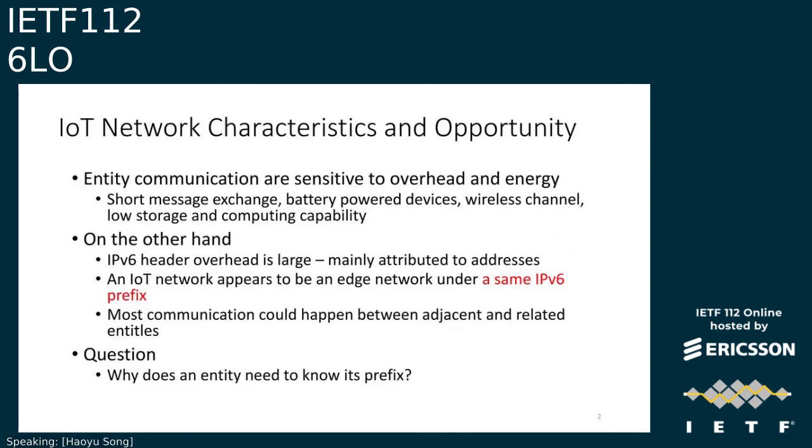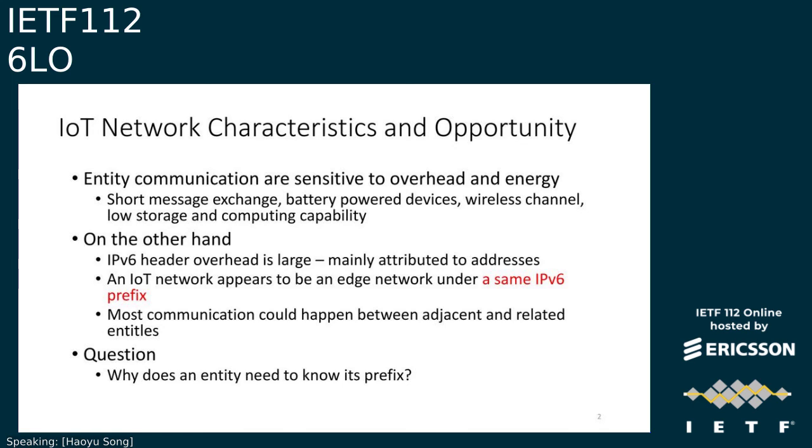Okay, so we all know in IoT networks, the entity communications are highly sensitive to overhead and energy. On the other hand, part of this overhead is due to the heavy IPv6 overhead from the long source and destination addresses.